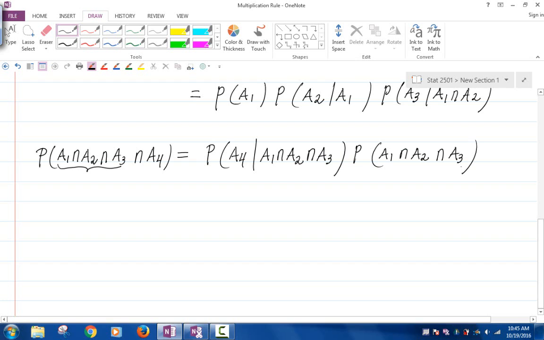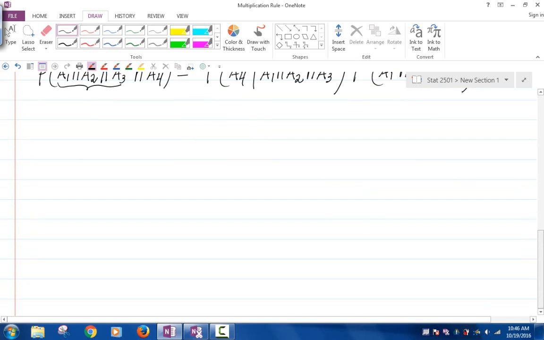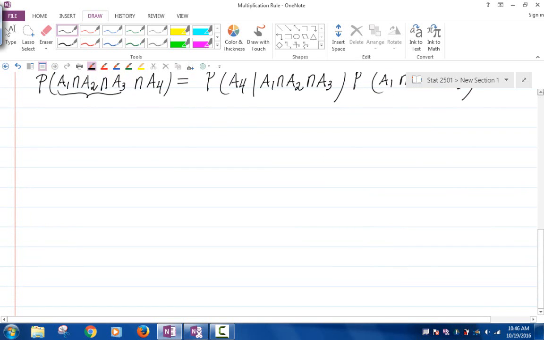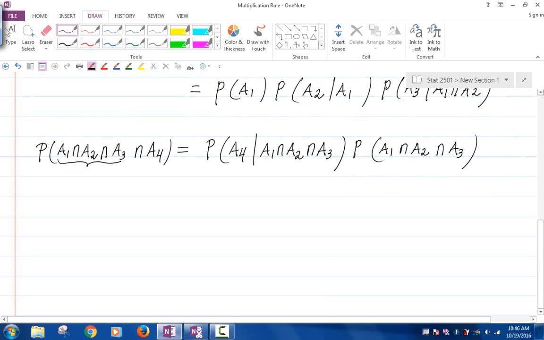This is one application of the multiplication rule. And then for the probability of A1 intersect A2 intersect A3, we have already done that, so I don't have to do too much work here.